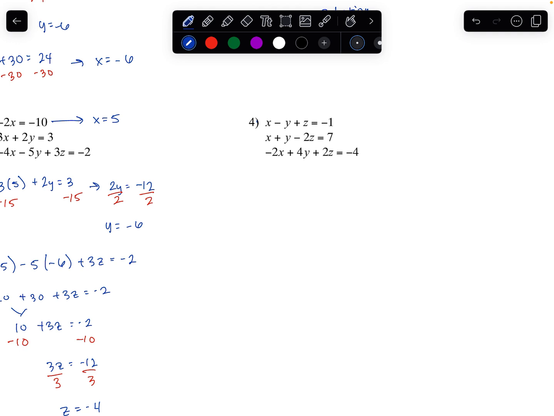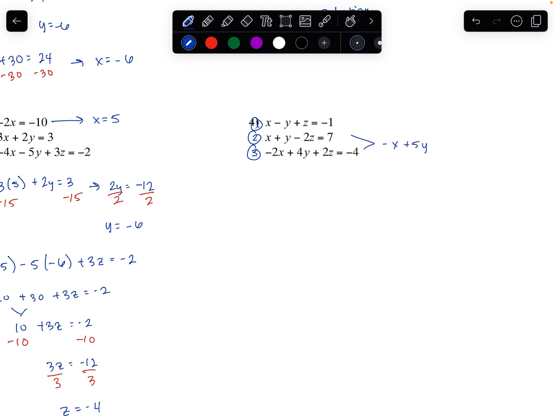So this is my first equation, this is my second, and this is my third equation right here. What I'm going to do first to get rid of z's is add 2 and 3 together. When I add 2 and 3 together, I'm going to get negative x plus 5y.